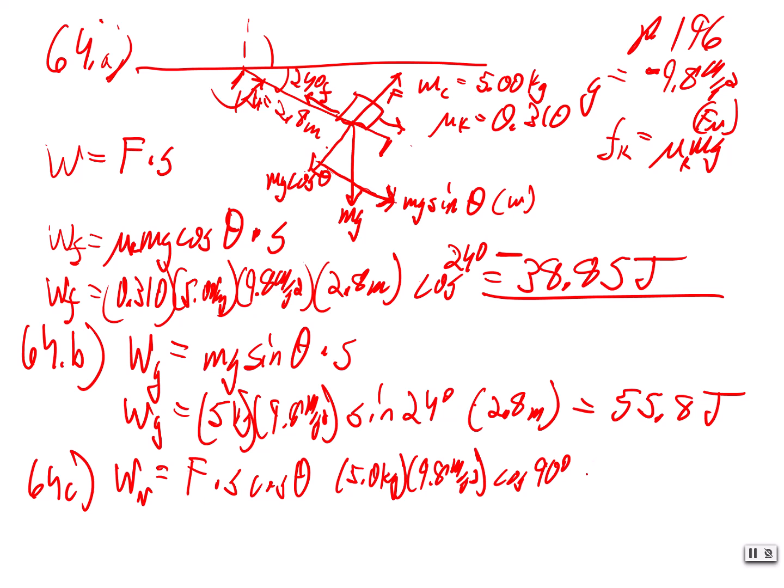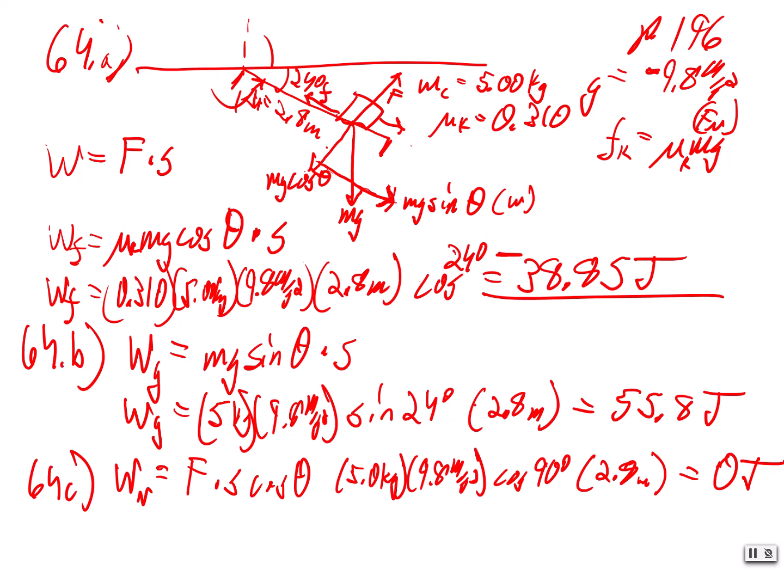You know where this is going. Times 2.8. Yeah, that's 0 joules. Because the cosine of 90 is what? 0, isn't it? Yeah, cosine of 90 is 0.